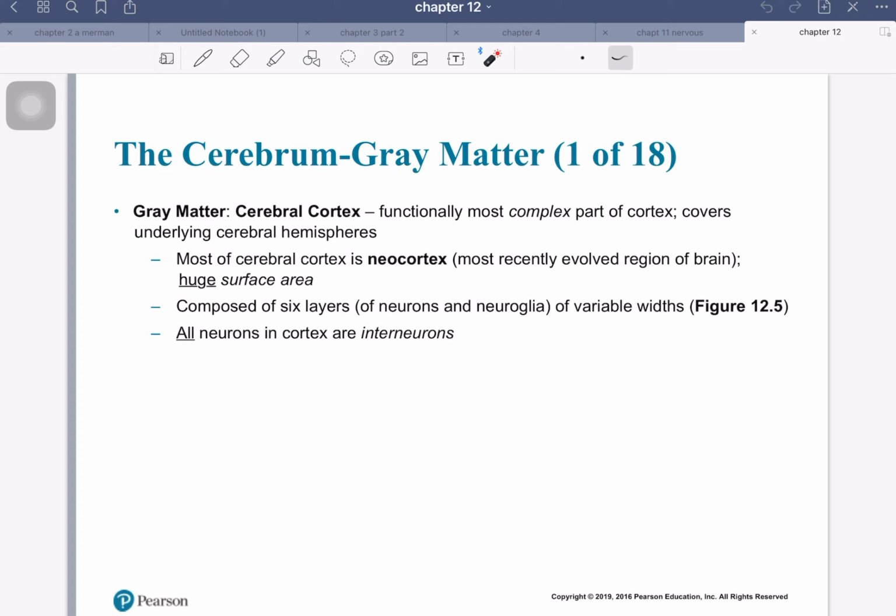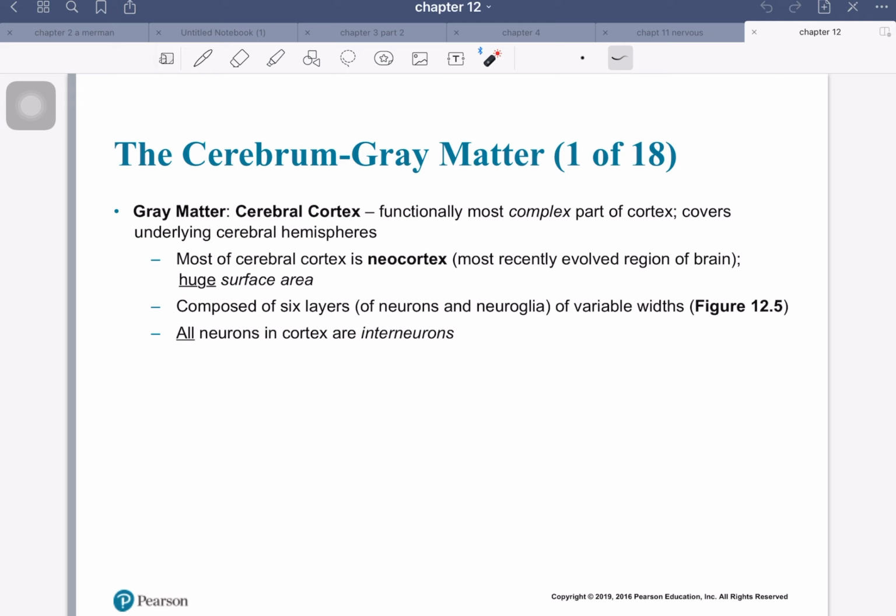Now, the cerebral cortex is the thin outer layer, is functionally the most complex, and it covers the underlying cerebral hemispheres. Most of the cerebral cortex is what we call the neocortex, neo for new, because it's the most recently evolved part of the brain, and it's composed of 6 layers of neurons and neuroglial cells of different widths.